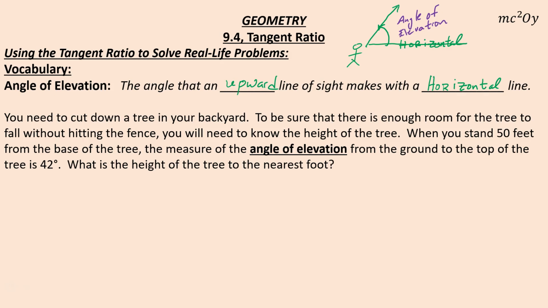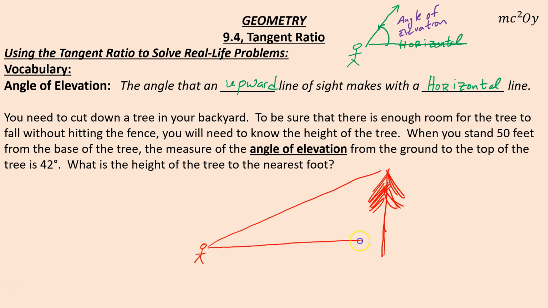Now, I'm going to draw a picture, and it's not going to be anything amazing, but here we go. We've got this tree. In the textbook that we're using, some of the examples give you an angle of elevation like we have here of a person looking up at the tree, and there's your horizontal line.